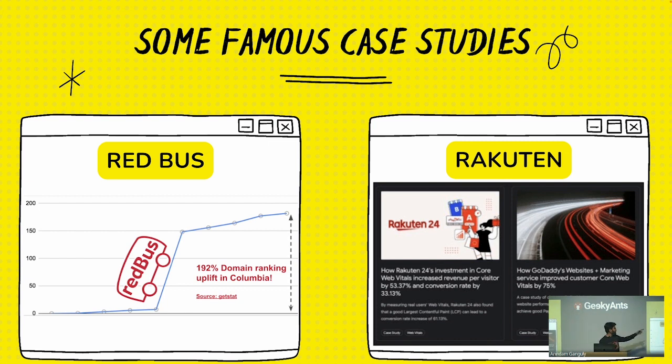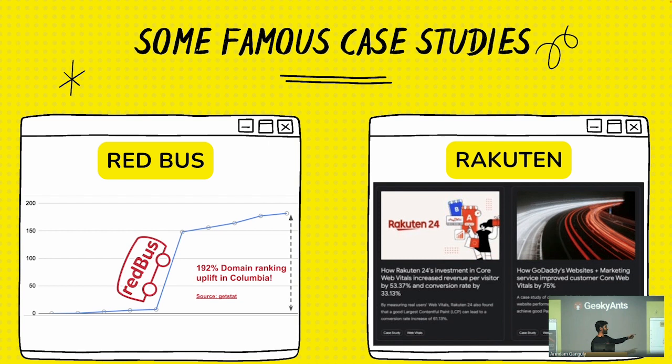Now here are some important, famous case studies that I found. On the left side you can see Redbus Columbia region invested in their core web vitals, and it increased their domain ranking by 192% for the Columbia region. On the right hand side, Rakuten 24 also invested in core web vitals, and that increased their revenue per visitor by 53.37%, and it's not really a joke.